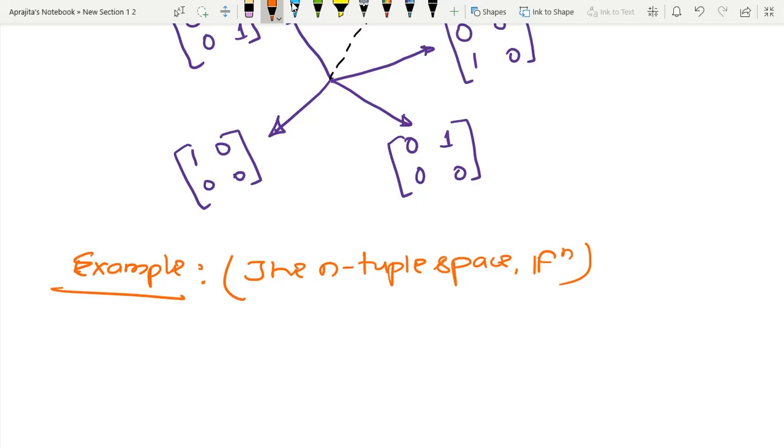And we have already seen how to check whether some particular thing satisfies the properties of a field or not.